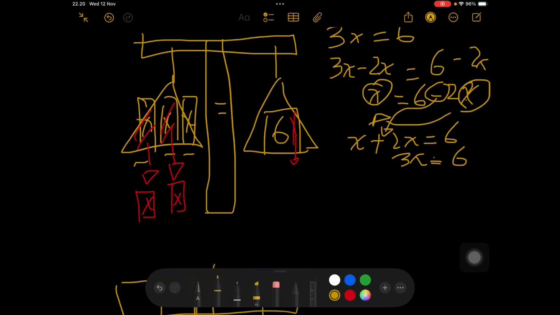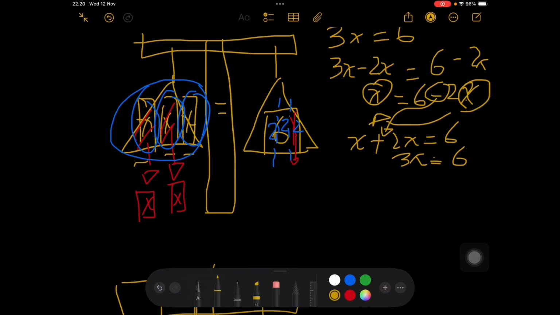So another way is, since these 3 things have the same value, each of these x has the same value, we may be thinking that let's divide this into 3 equal parts. Yes, so we get this 2, and this 2.